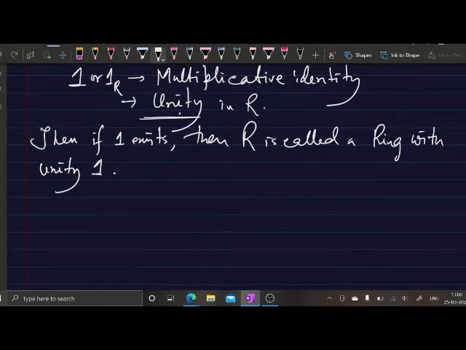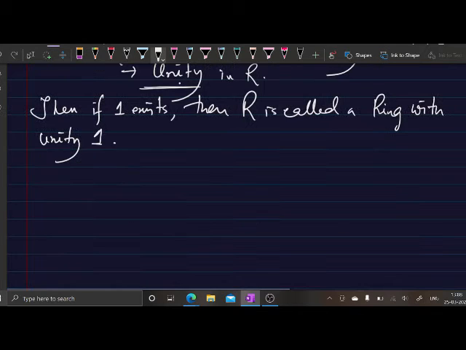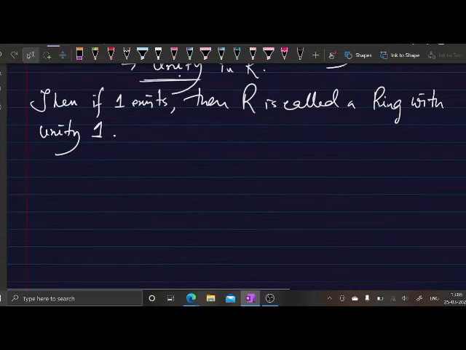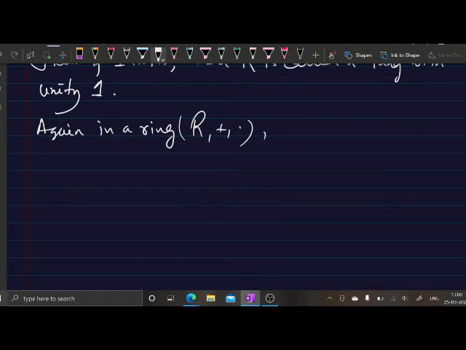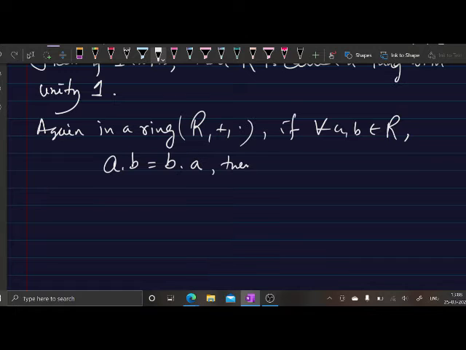Now, in addition, suppose you have a ring R plus dot. If you can prove that for all a, b belongs to R, a dot b equals b dot a, then that ring will be called a commutative ring.